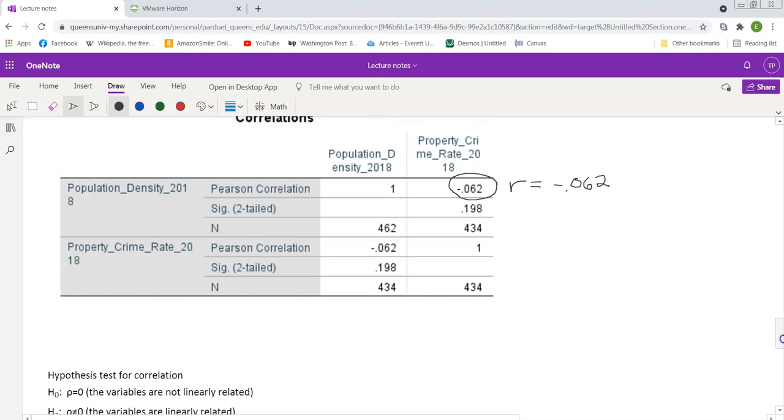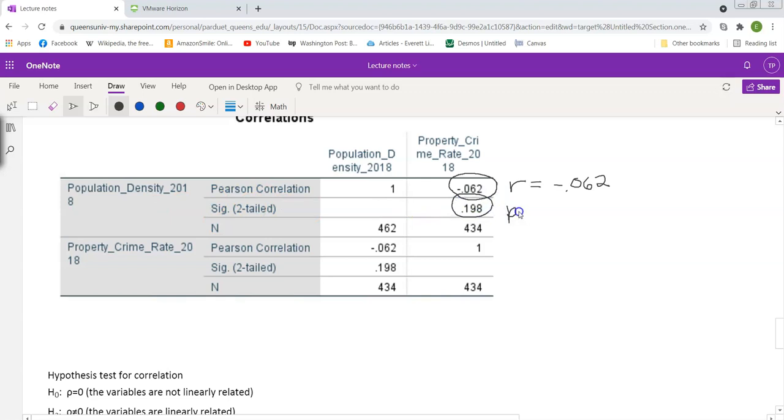Now, to get our p-value, well, we don't have the test statistic, but to get our p-value for the correlation test, it's the Sig. (2-tailed) here, right underneath the correlation coefficient.